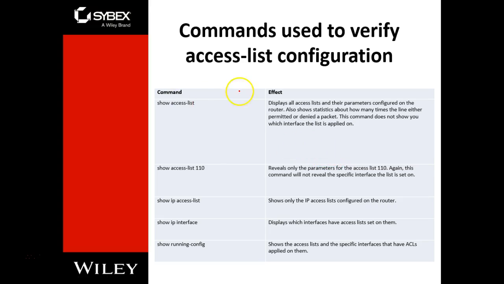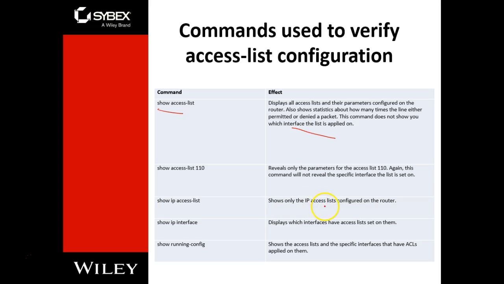The commands that are used to verify this: show access-lists. You can show a specific one. Show access-lists is going to show the access list and its parameters. It does not show you which interface it's applied to, however. Show ip access-lists, you can read these, these are in the book, reveals the parameters for access list 110.